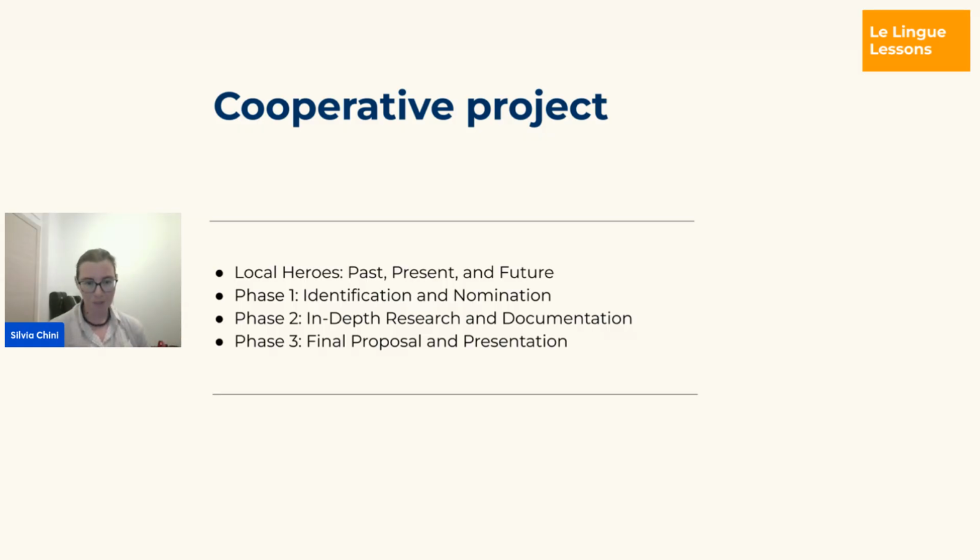So you choose. The final proposal and the presentation is the moment in which the group presents the hero, or yes, we can call them heroes, the hero who made significant contributions to the community.